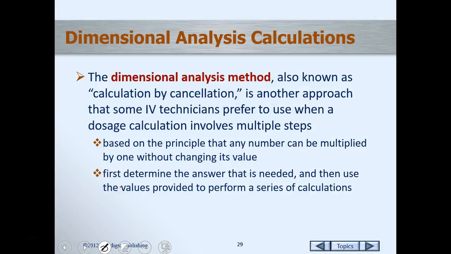The next method is dimensional analysis. So this is calculation by cancelization. I believe the majority of you practice this with Miss Ashante, and this is kind of your go-to. So that's all well and good. And like I said before, stick with what you know. Generally with this, we determine the answer first, so what we need, and we let that set up our problem. Because we're trying to find volume, generally what we're trying to find is milliliters.